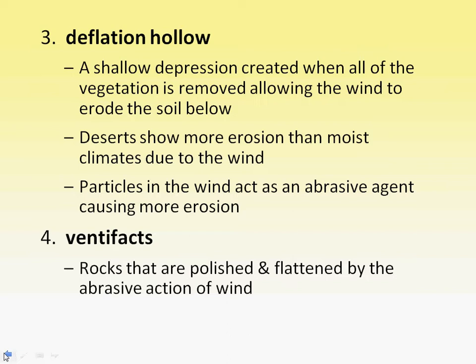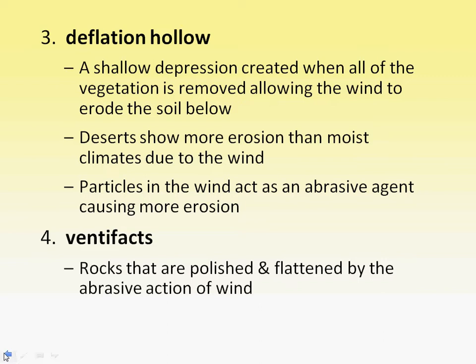But, yeah, so that sand that's flying in the air creates just like that sand blaster, and it blasts the rocks, and it polishes them, and it cuts through them. And so ventifacts, and I want to show you these. Here are two good examples of ventifacts.